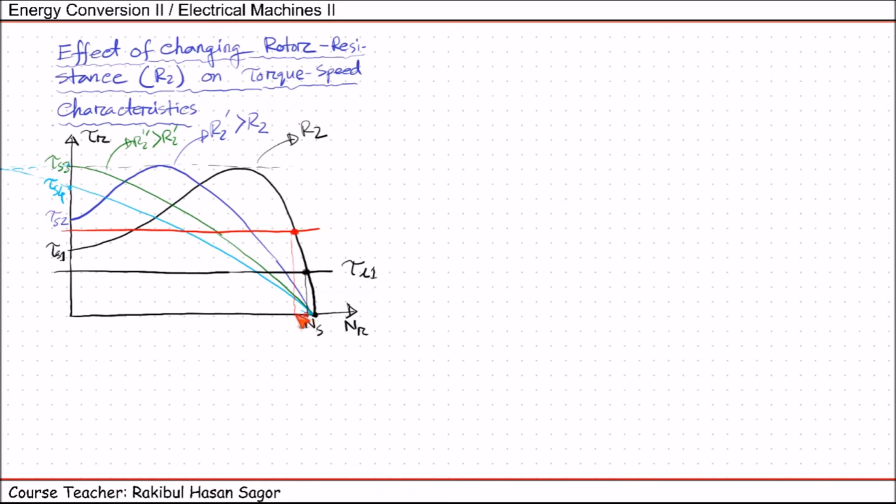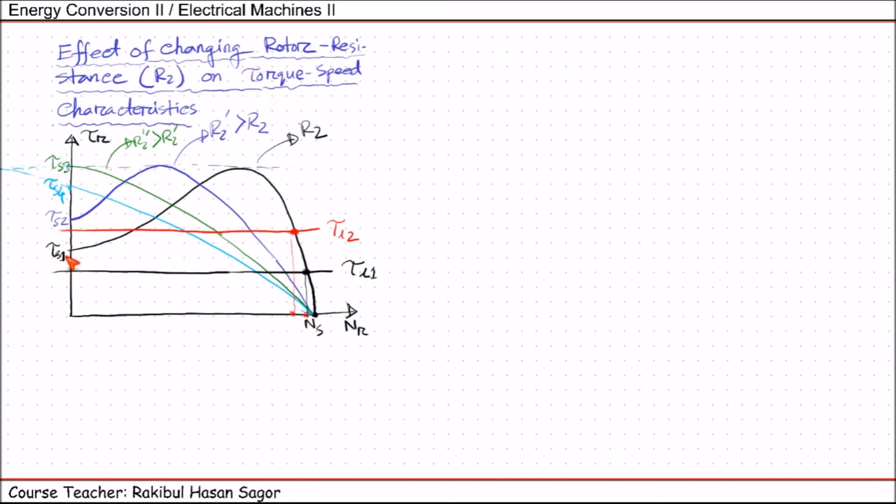So this is speed 1, this is speed 2. Now at this condition, if the motor is switched off, we can see this is tau L2, load torque 2. This load torque is higher than the starting torque. With this amount of load connected, the motor won't be able to start if we have this tau S1 as starting torque.